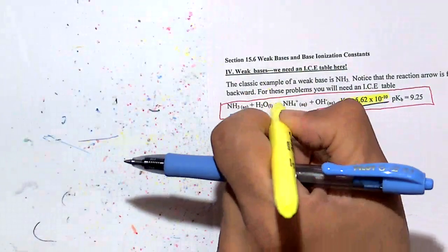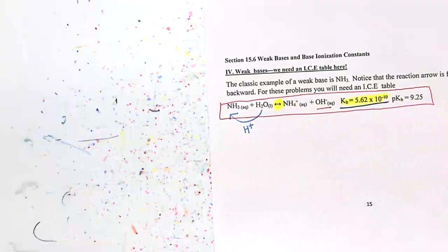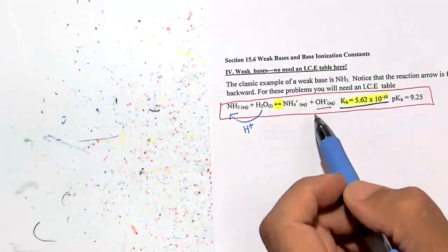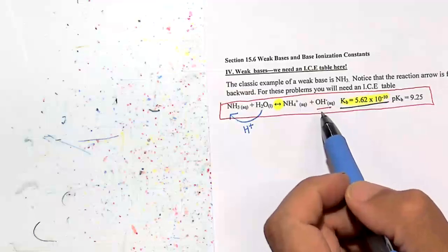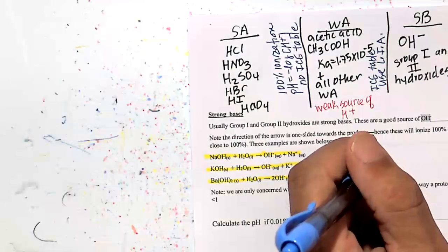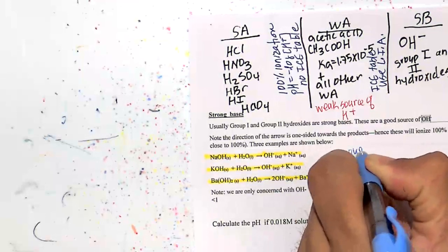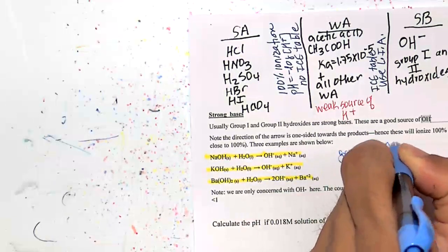Weak base. Another thing here, look at the arrows. Very small Kb value, back and forth. This does not go to 100% completion. What will go to 100% completion? The group 1 and group 2 hydroxides. Powerful source of OH minus. And these are your strong bases.